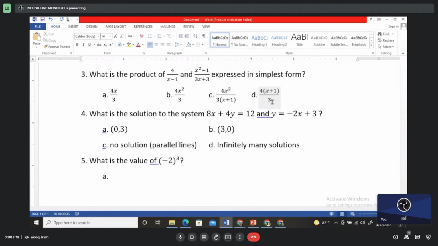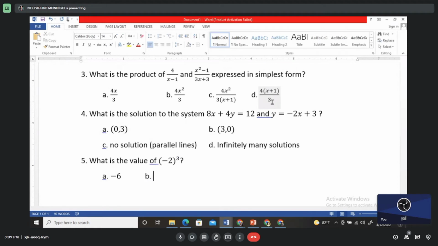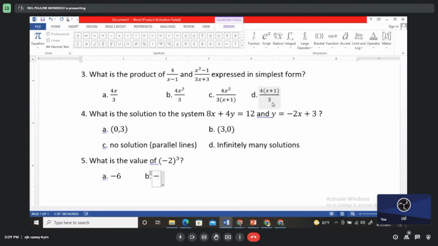For letter A, negative 8. Letter B, negative 6. Sorry, let's make it in equation form. Negative 6. Letter B, negative 8.